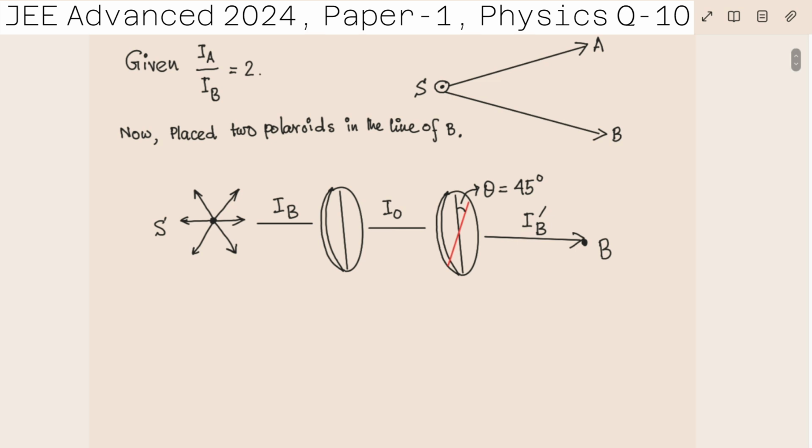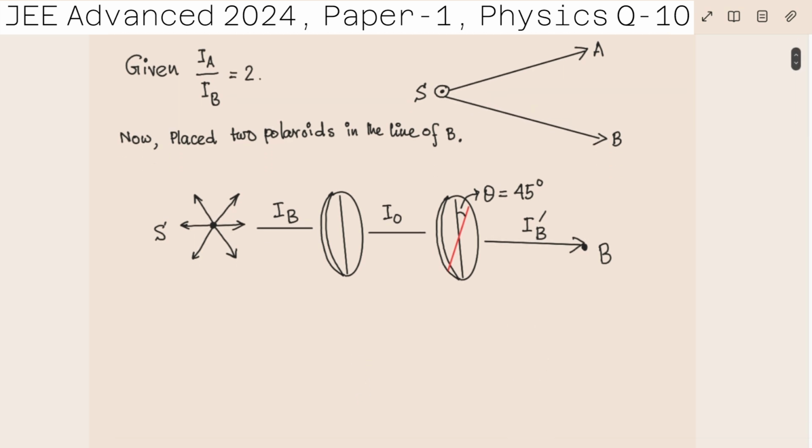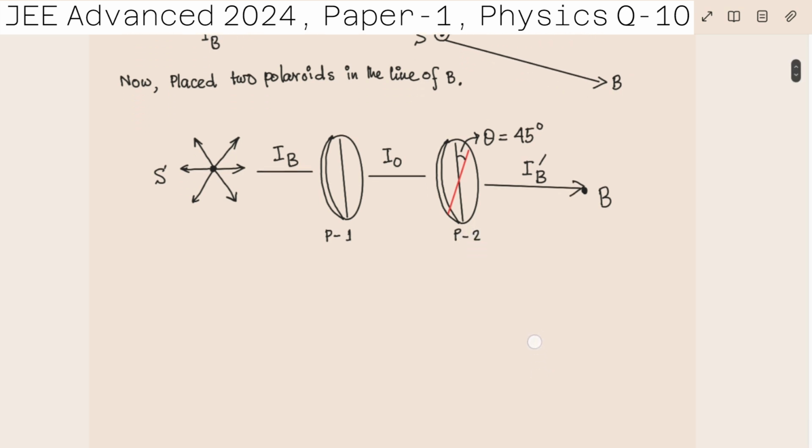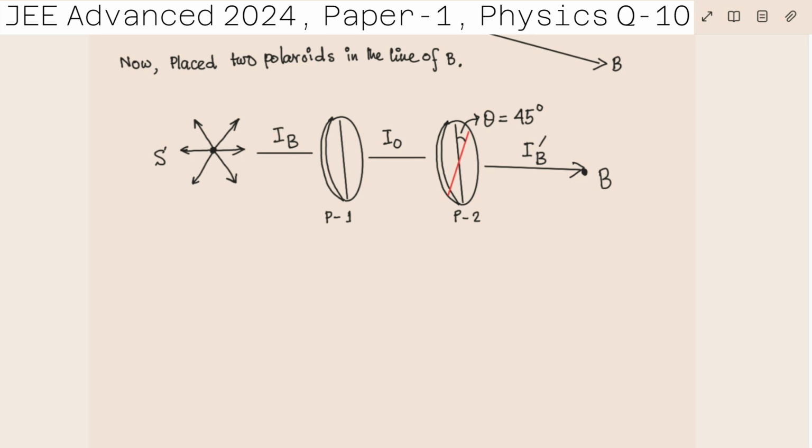Now the question is, what does this polarizer do for an unpolarized light? Let's say this is polarizer P1, and this is P2. What P1 does is determine the axis of polarization of light. From electromagnetic theory, if this is the axis of oscillation of the electric field, and this is the oscillation of the magnetic field, then the x-axis is the direction of propagation of light.